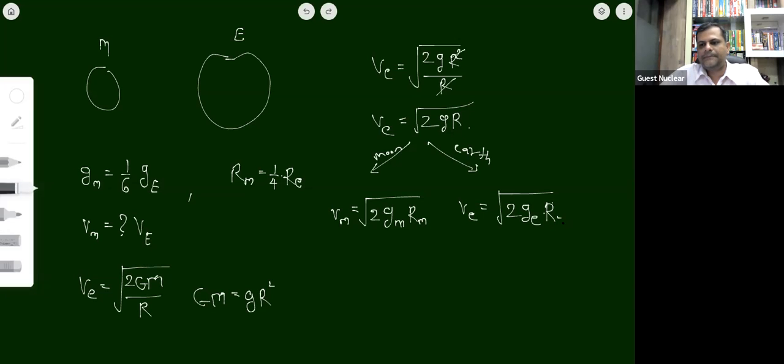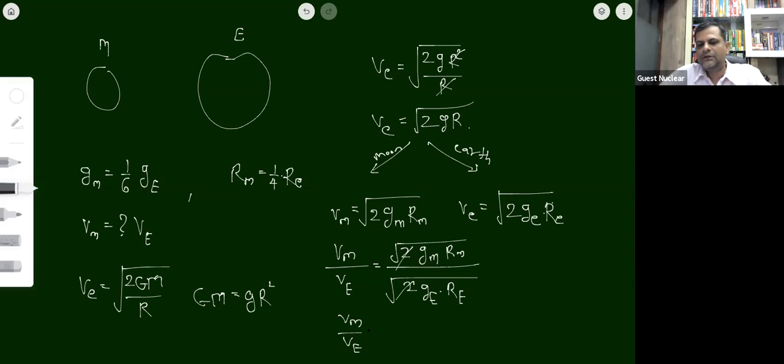Yes, तो अभी इसमें अगर इन दोनों को हमने डिवाइड कर दिया तो क्या होगा, देखो, तो vm upon ve will actually become equal to root of 2 g_m into R_m upon root of 2 times of g_e into R_e, करेक्ट है. जिसको अगर हमने यहाँ पे 2 कैंसिल कर दिया तो उससे हमको मिलेगा vm upon ve which is going to be equal to root of, तो यहाँ पे आएगा g_m upon g_e into R_m upon R_e, correct है.